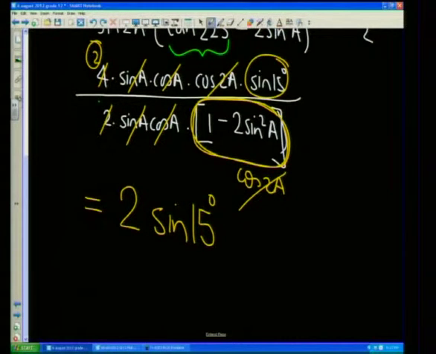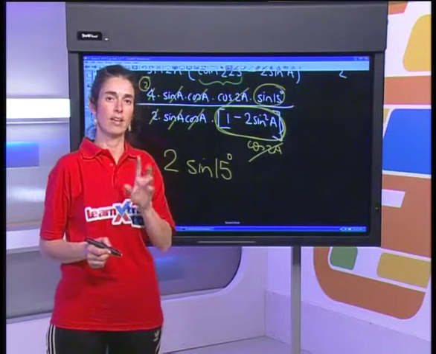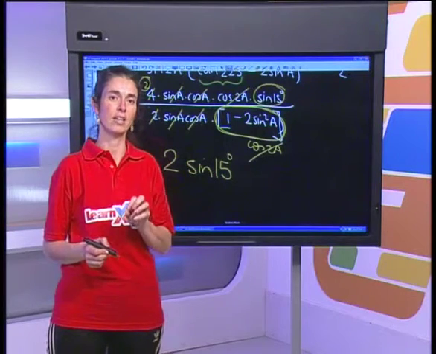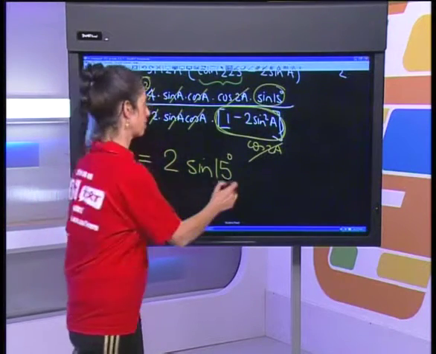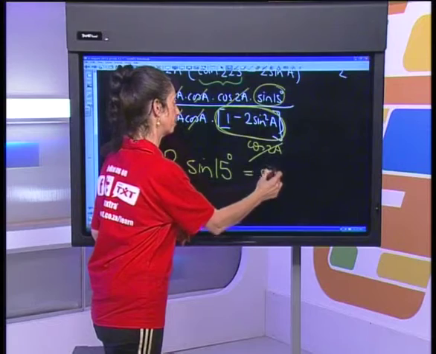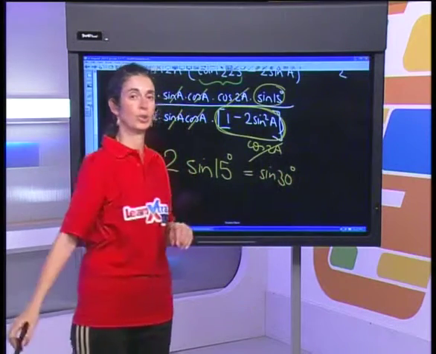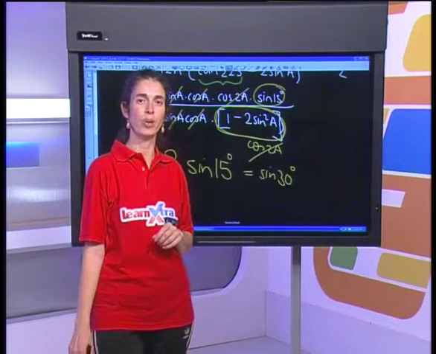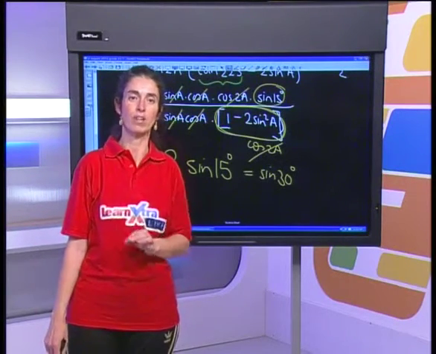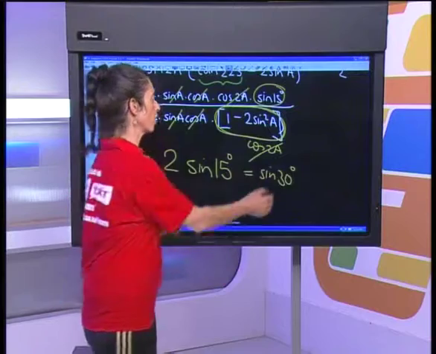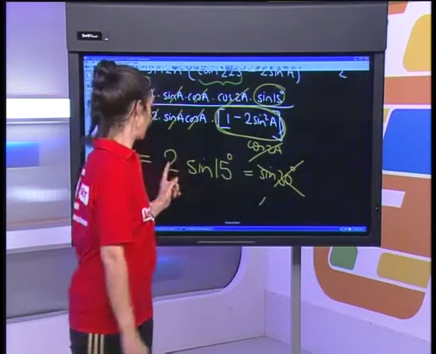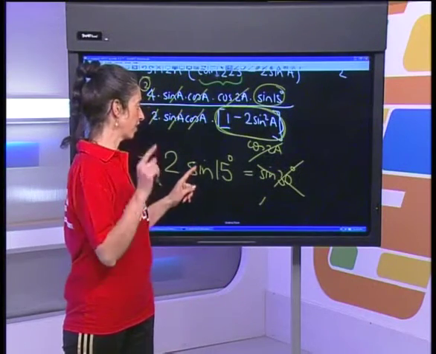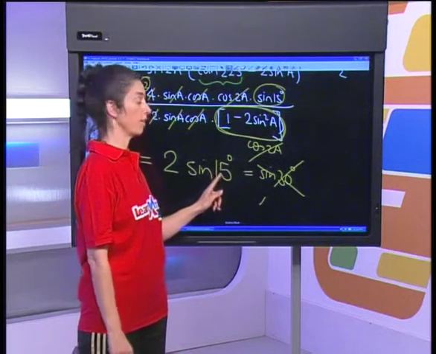Now, out there, everybody watching, do you think that twice sine 15 is the same as sine 30? Okay. I'm sure a whole lot of you are jumping up and down wherever you are and saying that cannot possibly be, because taking twice the ratio is never going to equal twice the angle.